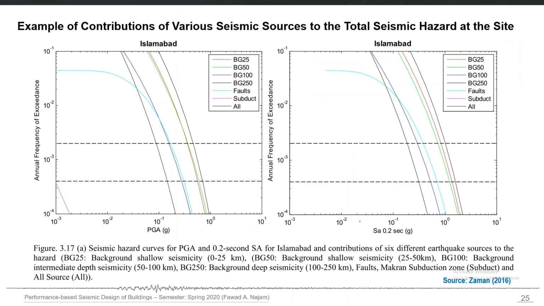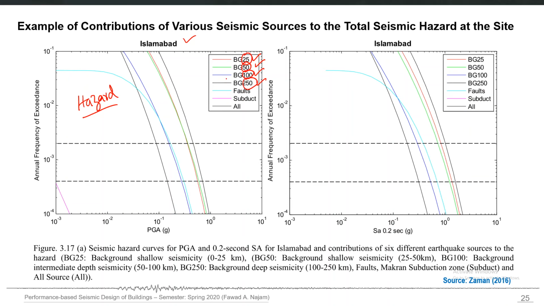An example from Pakistan: here you can see the annual frequency of exceedance versus PGA. This is the hazard curve for the capital city Islamabad, and these are the individual seismic sources. Background seismicity, shallow one, which is 25 kilometer deep, 50 kilometer, 100 kilometer and 250 kilometer.